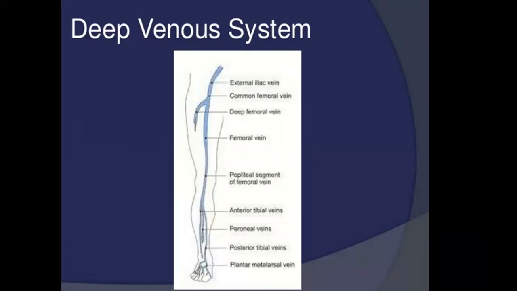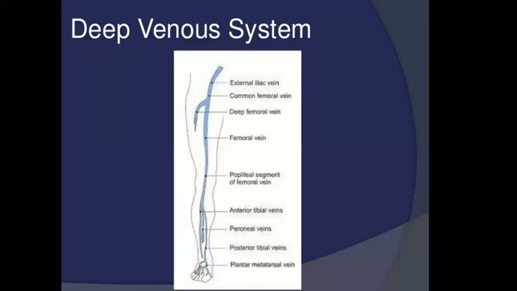Then in the femoral sheath, you have to remember the arrangement of the neurovascular structures and lymphatics at that area. Starting from the lateral aspect, you get the femoral nerve, then the femoral artery, then comes the femoral vein, then the empty space, and then the lymphatics.